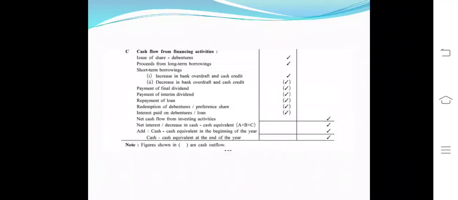And finally, cash flow from financing activity. Here it is: issue of shares and debentures, proceeds from long-term borrowings, and increase in bank overdraft and cash credit.